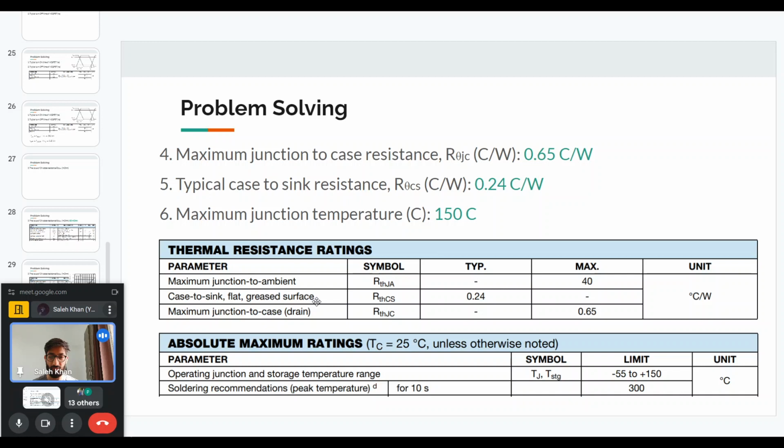So we only want the other two thermal resistances: case to sink, which is 0.24 here, and junction to case, which is 0.65 Celsius per watt. And for the maximum temperature, the data sheet gives us the operating junction temperature range, which in this case is minus 55 to plus 150. So the plus 150 is basically the maximum junction temperature that is allowed for this device.